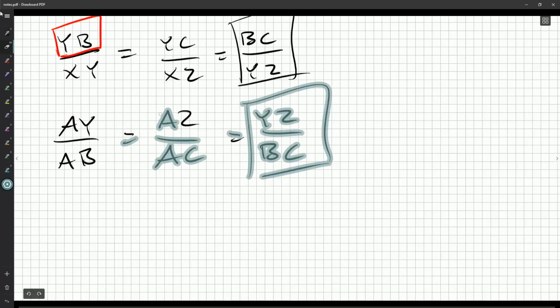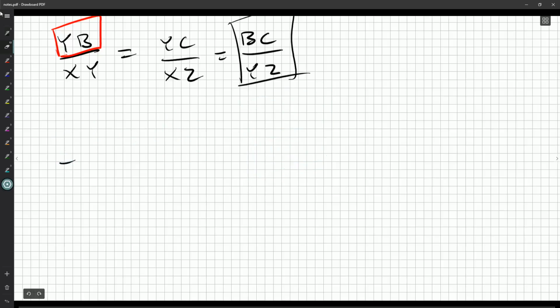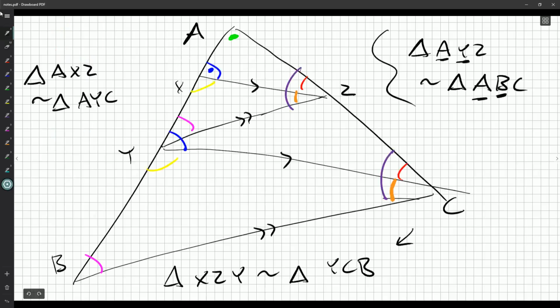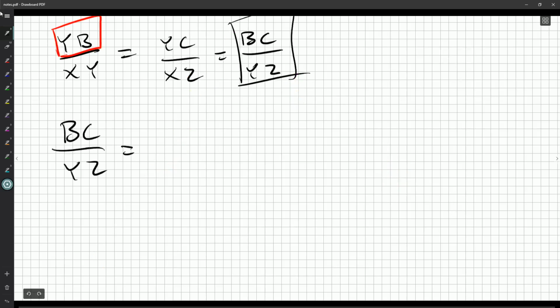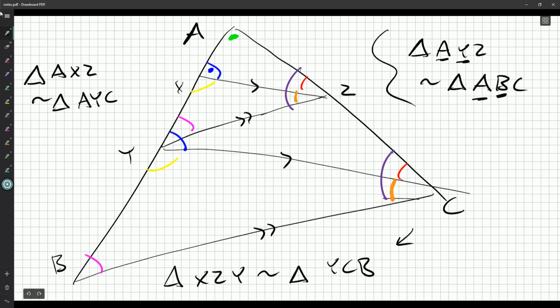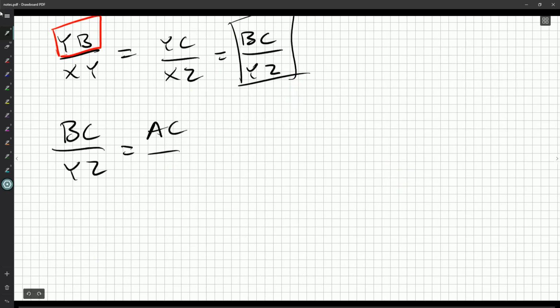So if I actually flip this the other way around, BC is to YZ what AC is to AZ is AB to AY.